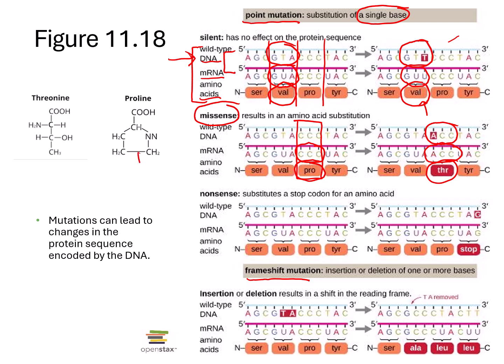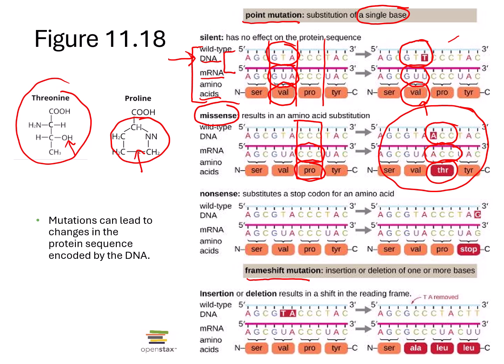So here's proline. This is a non-polar, rigid, ring-shaped amino acid versus threonine, which is a polar, very flexible amino acid. So that is a pretty big difference between the two amino acids. This likely will have a very different protein shape resulting from that missense mutation, and it will likely affect the protein function. In the third point mutation, we have a nonsense mutation.